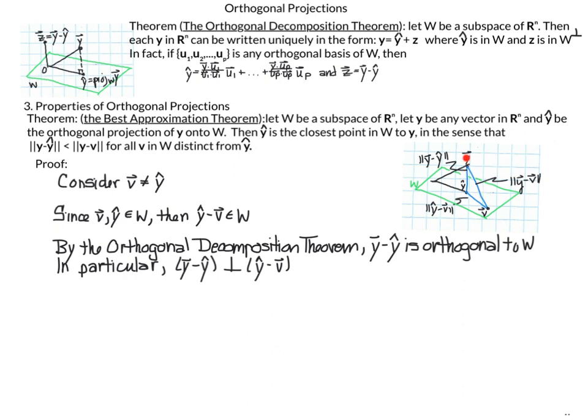But I need to start considering y minus v over here, because that's what we're trying to prove, that the magnitude of y minus y hat is less than the magnitude of y minus v.